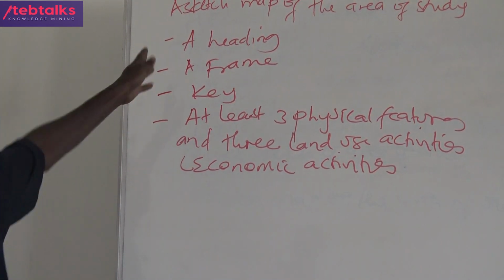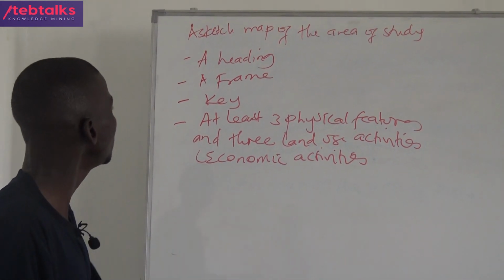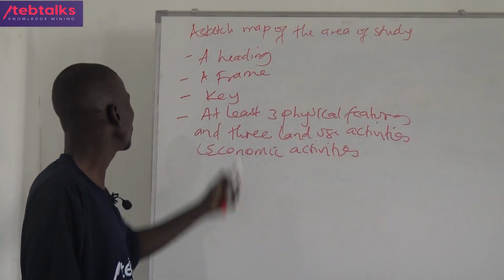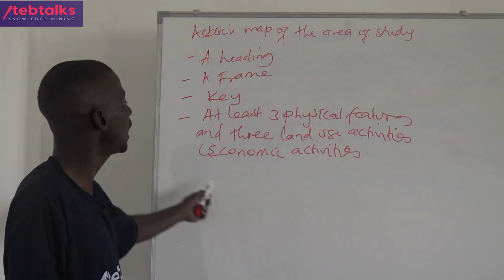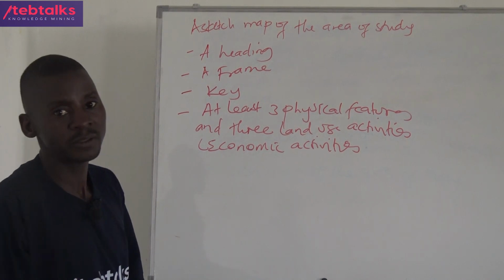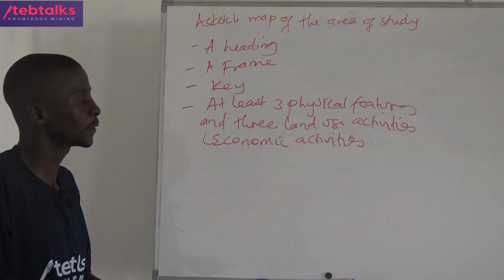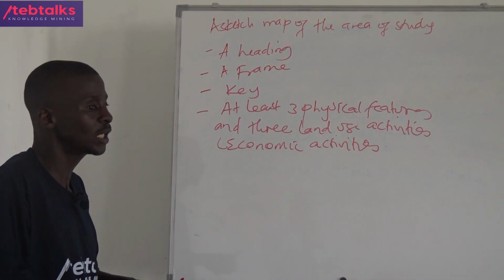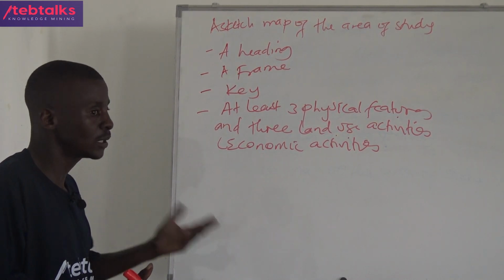So a correct sketch map of the area of study, first of all should have a complete heading. It should be put in a frame. Then you should write or draw a key, at least 3 physical features, and then 3 land use activities. And that's when you mark yourself either correct or wrong, depending on the number of marks the sketch map is carrying. The sketch will always carry between 7 to 10 marks.